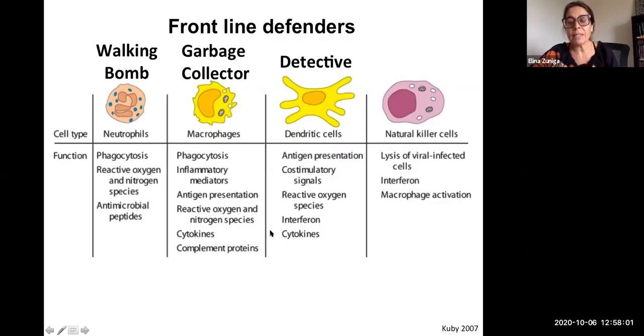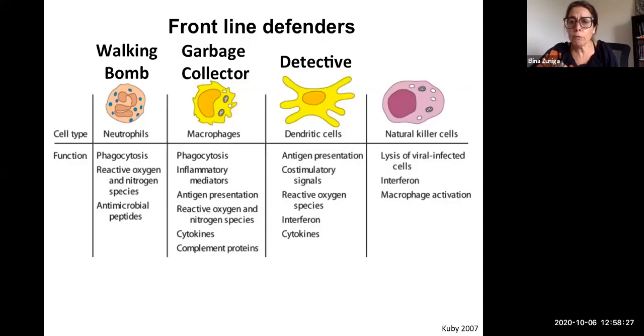The dendritic cells' nickname is detectives because they are distributed in different tissues throughout our body, not only in lymphoid tissues, but in many different tissues, for example in the mucosa that is underneath the epithelium in our bodies.